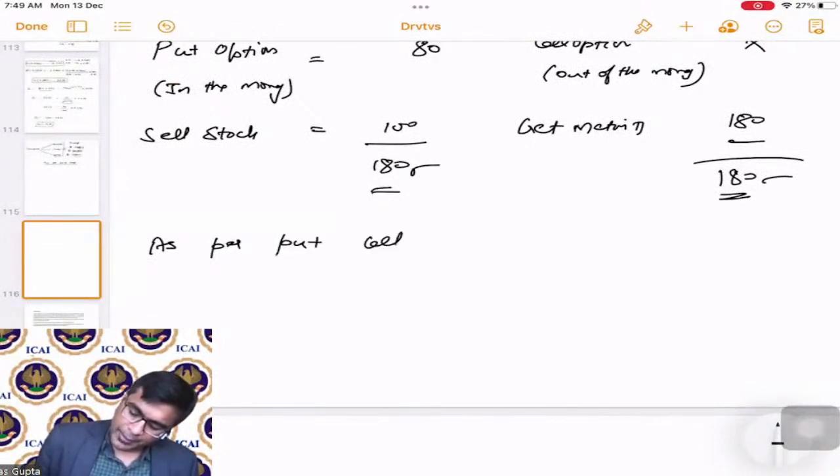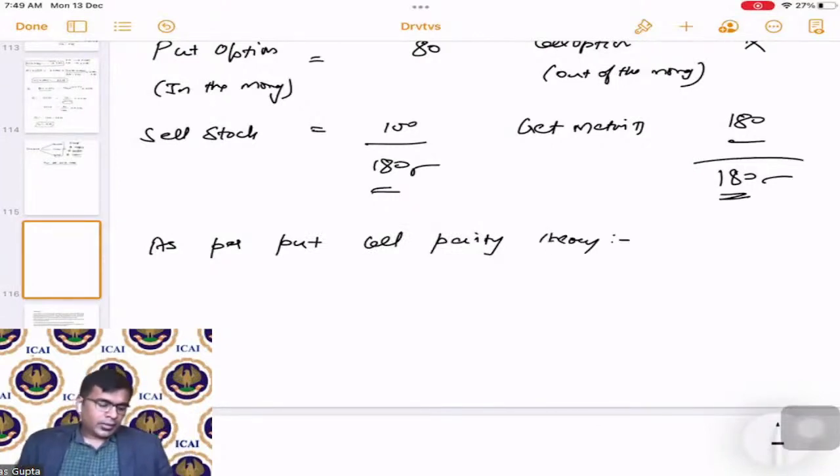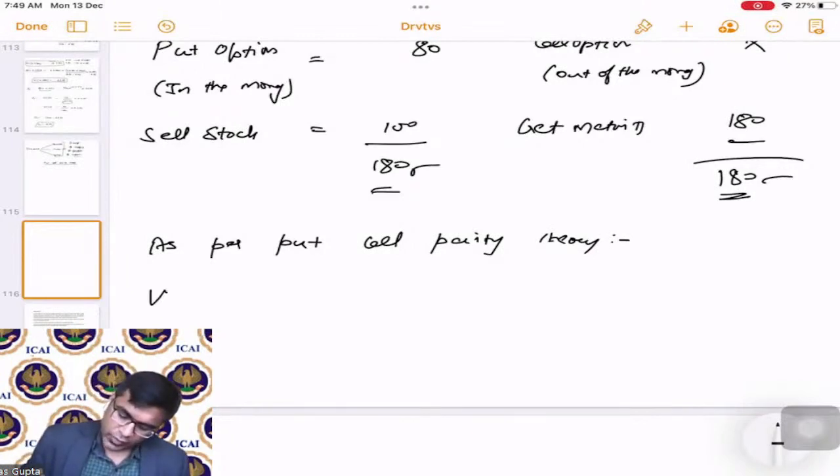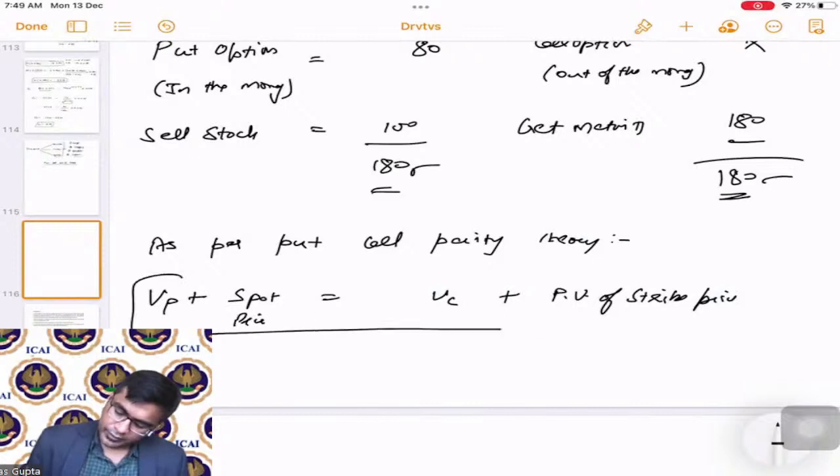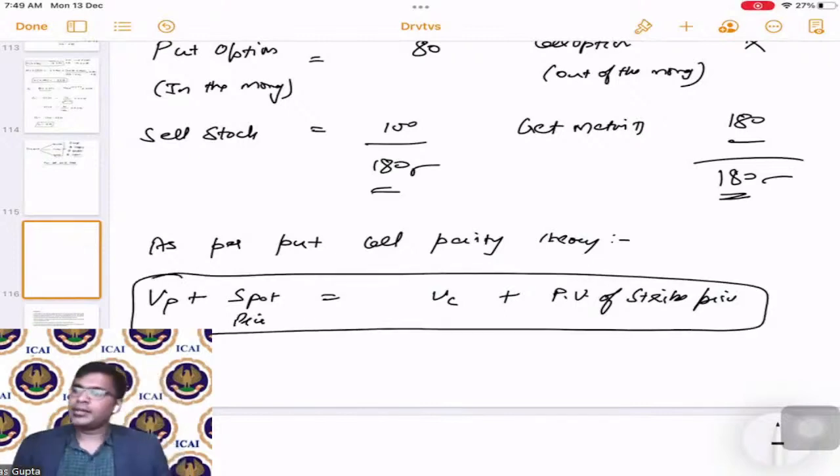As per put call parity theory, the value of put option plus spot price is equal to the value of call option plus present value of strike price. This is the spot price. These two, the LHS, is equal to the investor 1 initial cash flow.